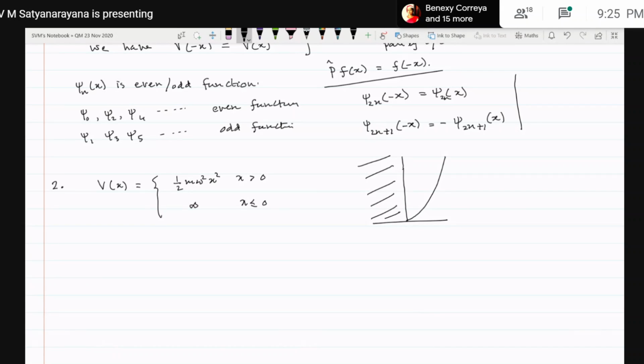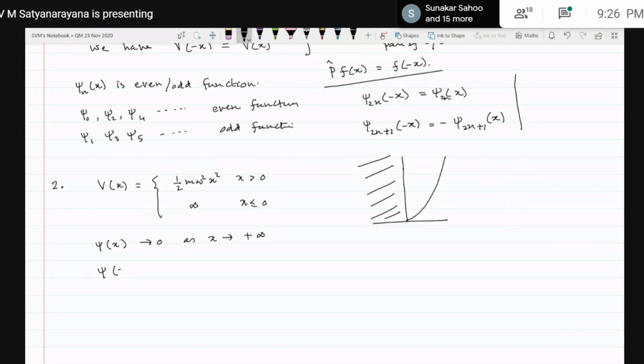Now if somebody asks you what are the eigenstates of this problem, in terms of solving the differential equation there is no difference because the potential is the same. But what is different is the boundary condition. The first is that psi of x goes to 0 as x goes to plus infinity, the same as the previous boundary condition.